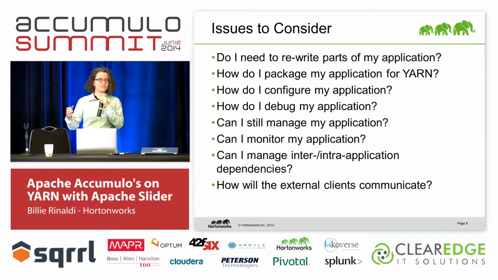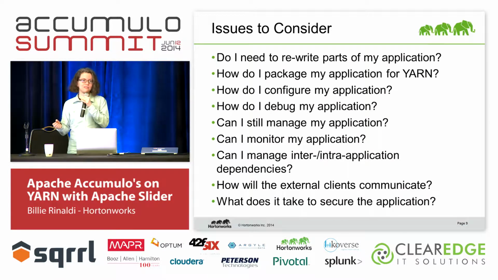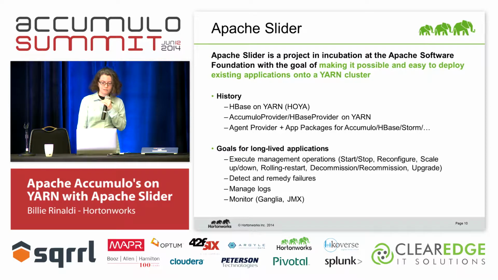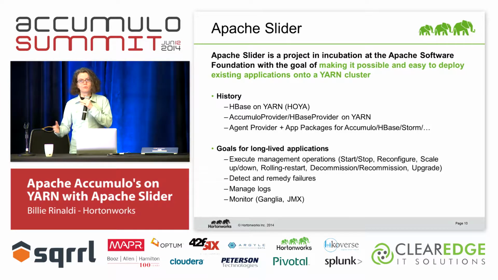So if a process is down and you didn't ask it to be, that's something you need to intervene about. So while Yarn is a general purpose framework, it still has some improvements that can be done to make it work well for these long-lived applications.